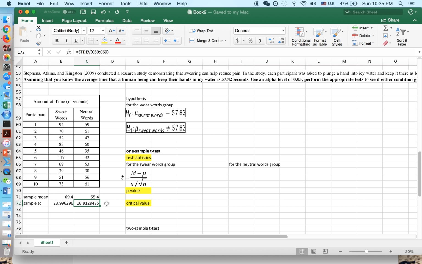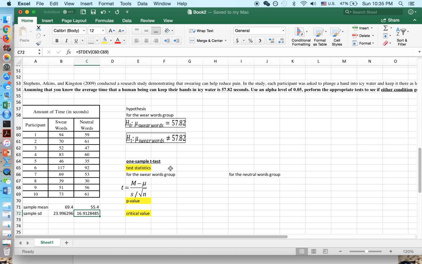In particular, in this question, we want to answer if swearing words in general will help the participant to keep their hands in the icy water for an amount of time that's different than 57.82. Different because we're doing a two-tail test.